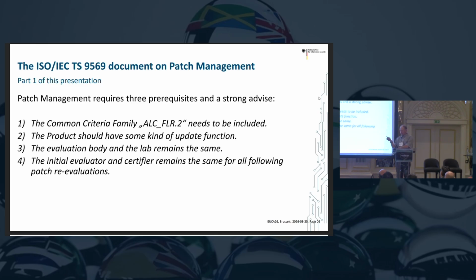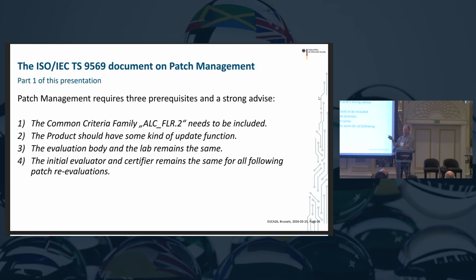So I should actually speed up. Another prerequisite, another requirement of the patch management, is that the evaluation body and the lab remain the same. I think this goes without saying. It has been the same for all recertifications, otherwise you cannot do reuse. And then there is a strong advice, if I may say so.